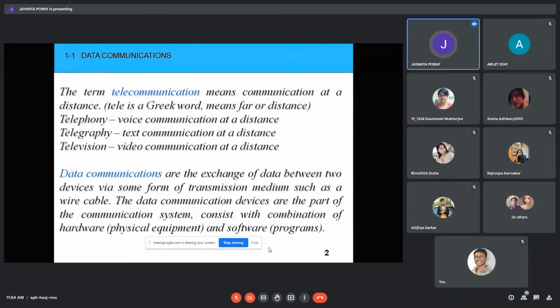But data communications is the exchange of data between two devices via some form of transmission medium, such as wire, cable or wireless. For telecommunications also, it is not necessary to connect to a wire.